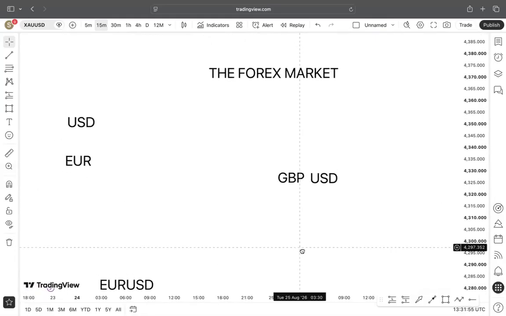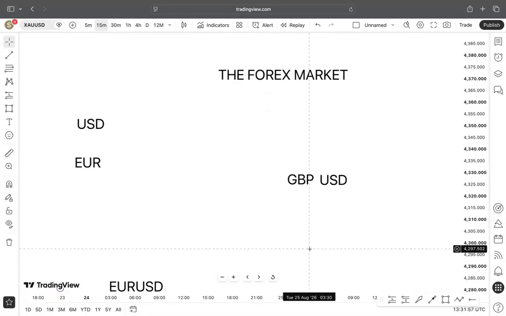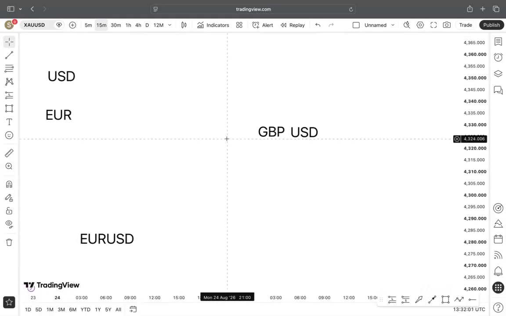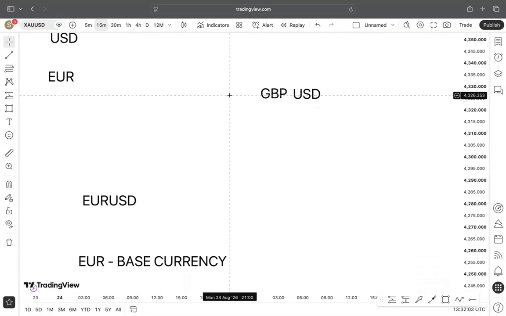So if you're trading GBP against USD, you have pairs like GBP USD. If you are trading Euro against USD, you have pairs like Euro USD. And I went further by defining forex trading as the act of exchanging two different currencies, one against the other in the global financial market, of course with the aim of making profit.